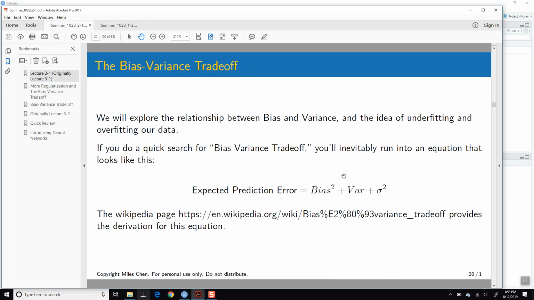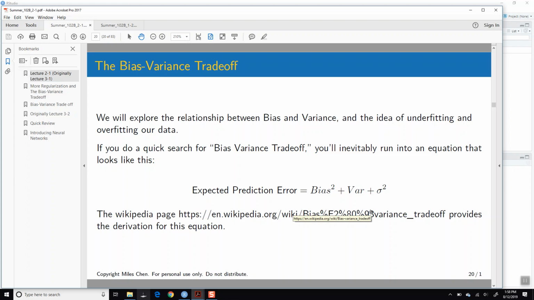The total expected prediction error is talking about the model that you trained, and you want to use your model to make predictions for future data. You want your predictions to be as good as possible, with the smallest error for your future predictions, as accurate as possible. You can read Wikipedia's page on the bias variance trade-off, where they derive this relationship.